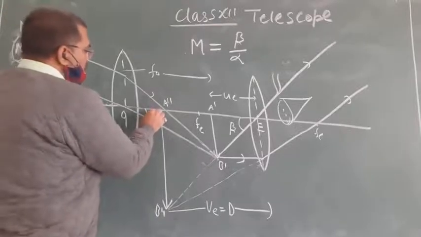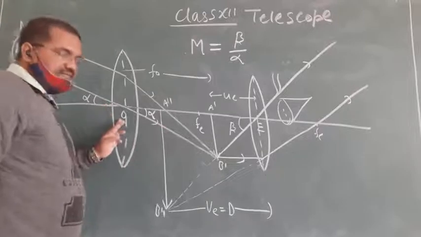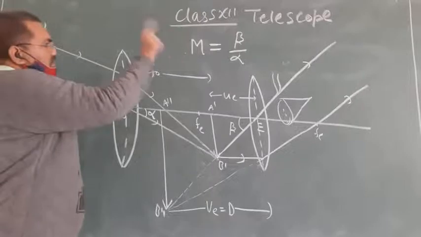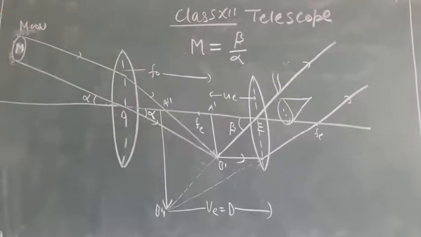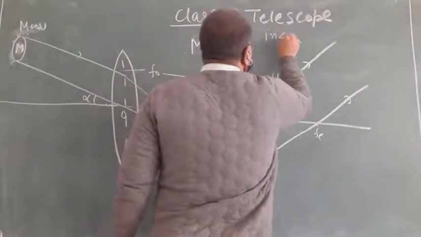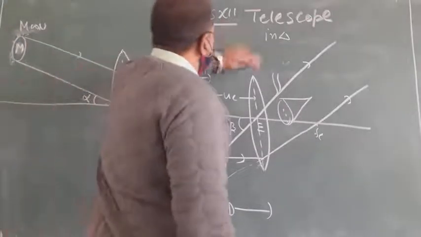The angle subtended by the object on the objective or eyepiece is the same. So you can say this is alpha. Clear? Now in the triangle, can I write this one?